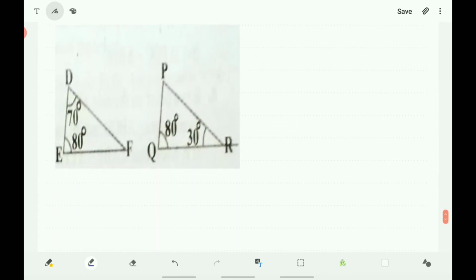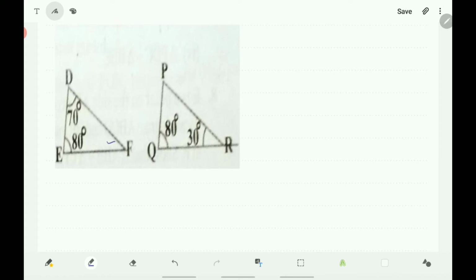Next pair of triangles, triangle DEF and triangle PQR. Here, in both the triangles, two angles are given. In triangle DEF, angle D is 70 degree and angle E is 80 degree, and in triangle PQR, angle Q is 80 degree and angle R is 30 degree. In triangle DEF, angle F can be found out.